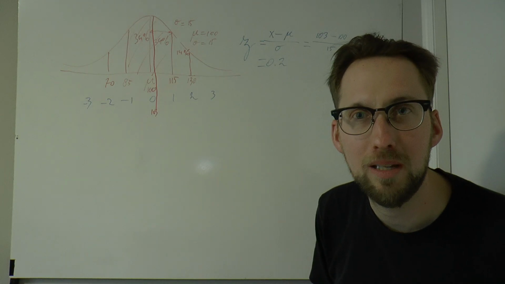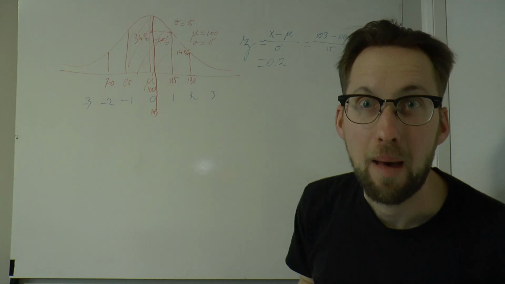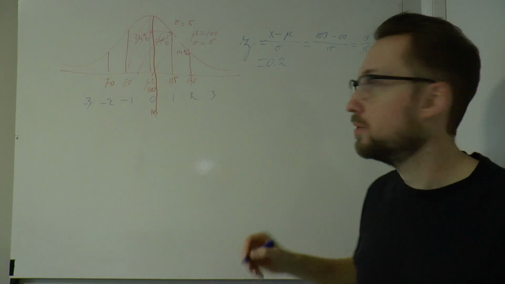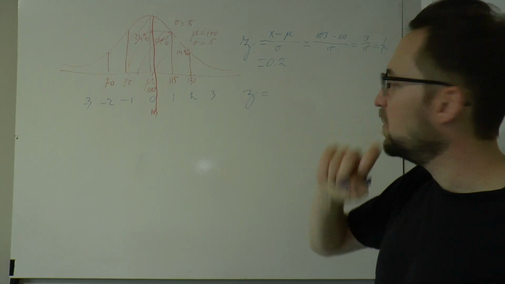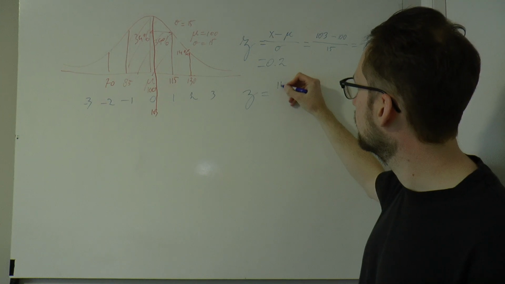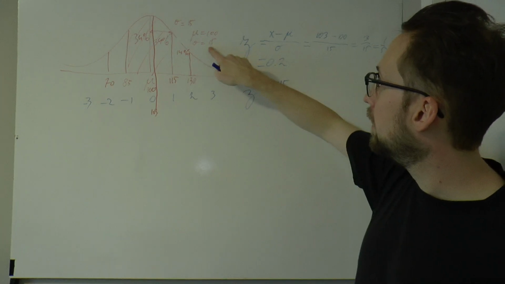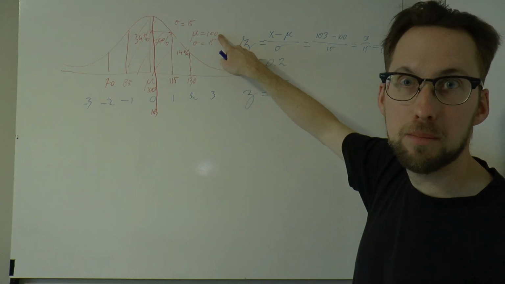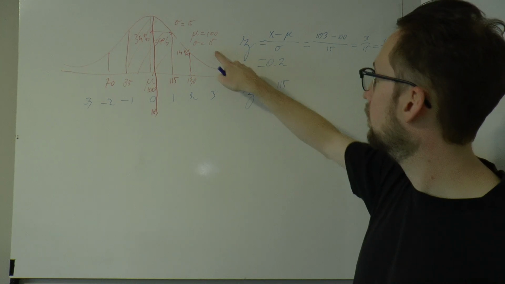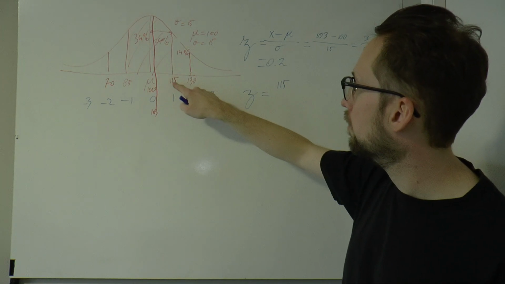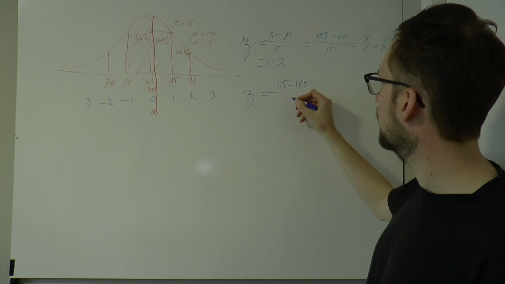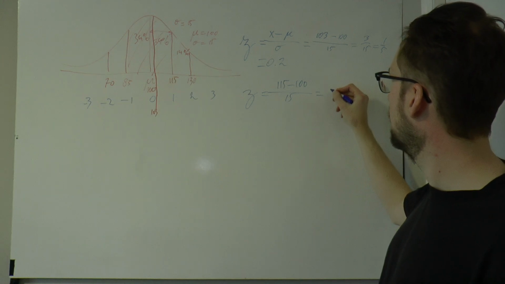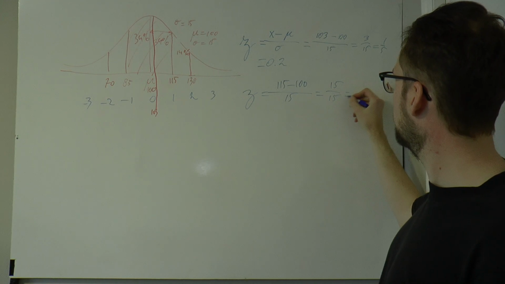Now what if you don't believe me? What if you say, that makes no sense to me? Okay, let me prove it to you. It's very simple. Imagine that you would have an IQ of 115. You agree with me? That is 1 standard deviation above the mean, right? 115, 100 plus 15, minus the population mean, divided by the population standard deviation, is 15 divided by 15, is 1.